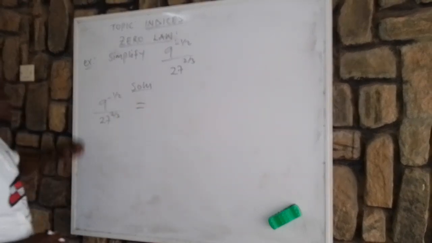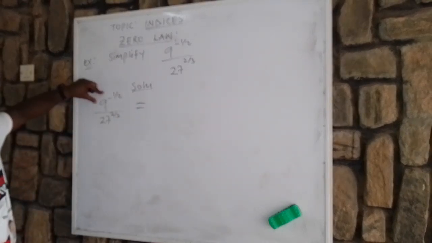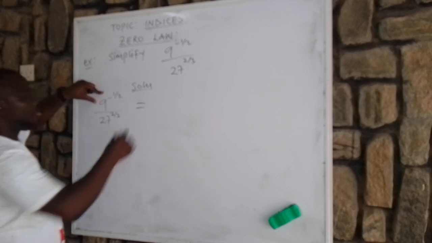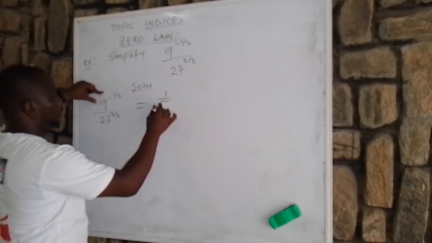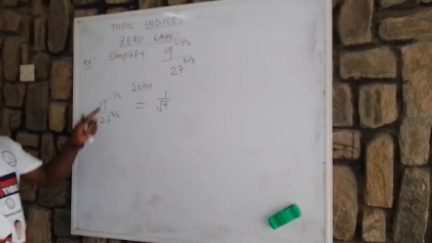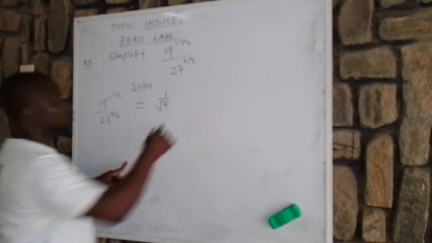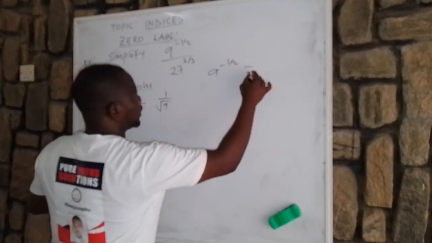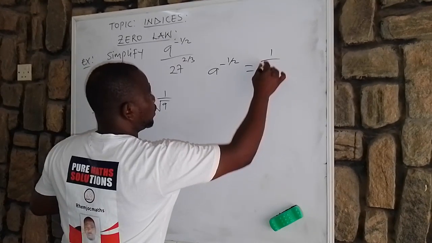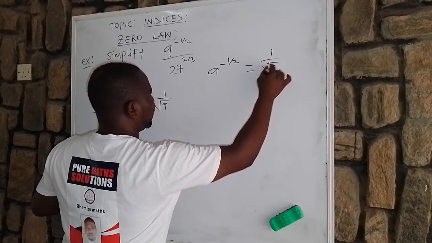So what you need to do with what I have taught you so far, this is the same thing as 1 over the square root of 9, true or false? Because I told you that if we have a raised to the power minus 1 over 2, this is the same as 1 over the square root of a.